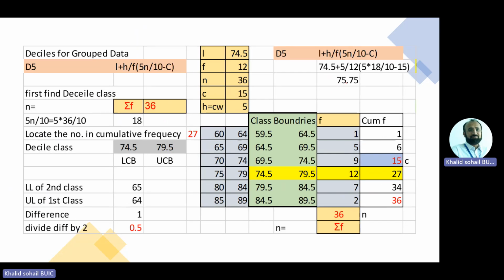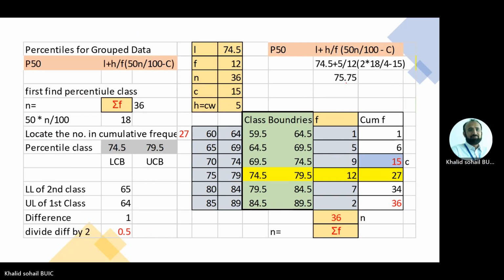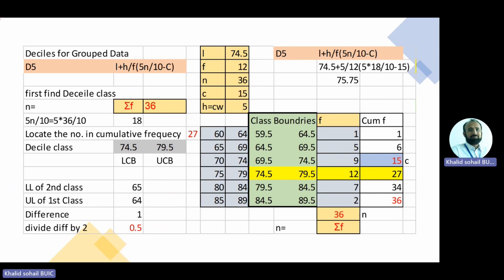In the same way, for percentile, or let's say for decile, for the fifth decile, the rest of the procedure is the same. We just calculate the decile class, and that is 18, and it would be again the same as it was in the case of quartile.